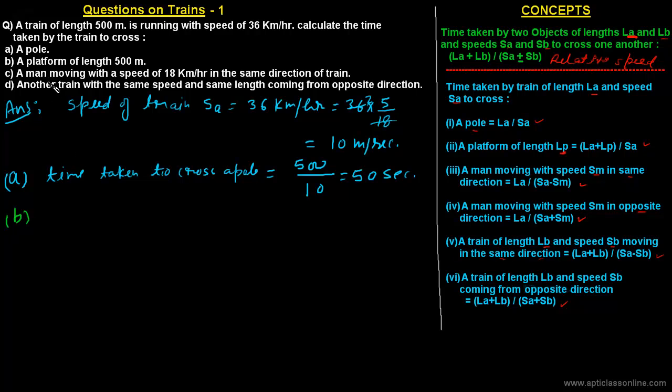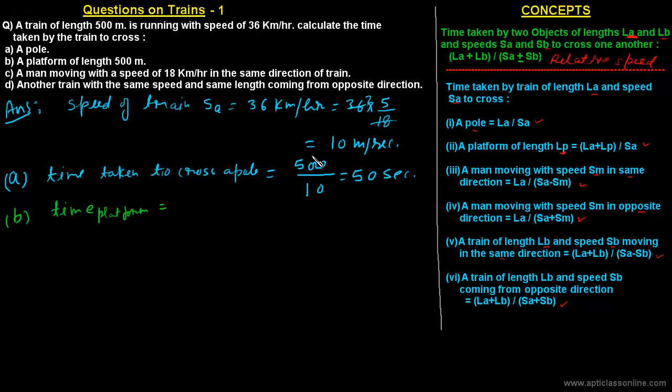Okay, part B, a platform of length 500 meter. We will apply this formula. The time taken to cross a platform is equal to the length of train plus length of platform.